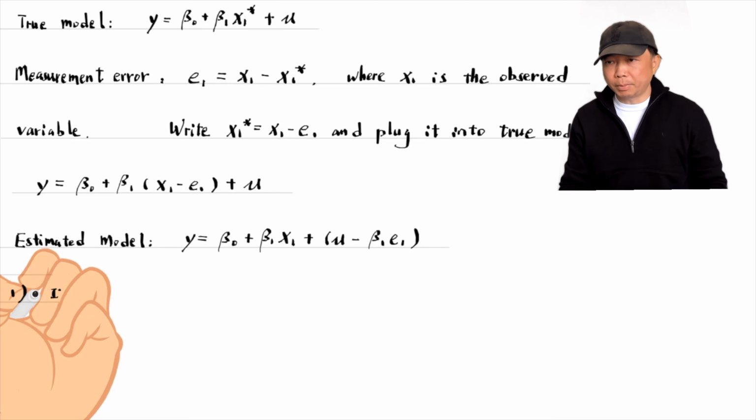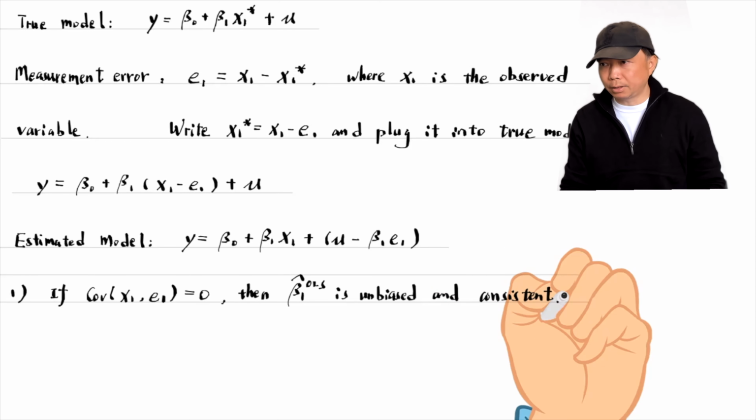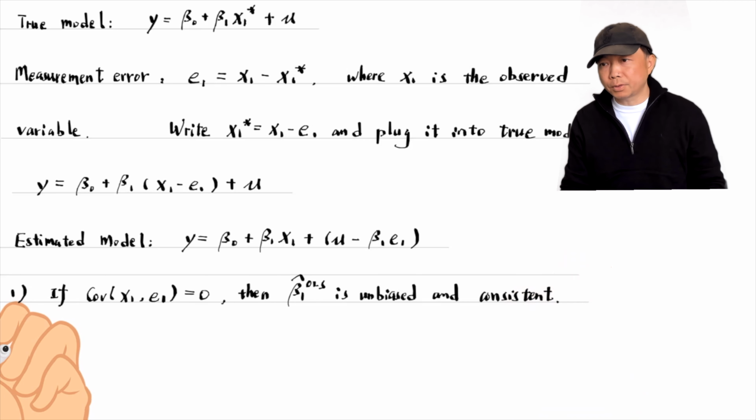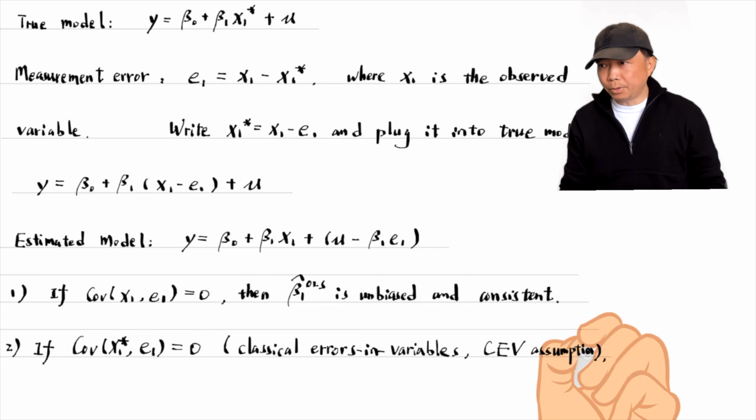If the measurement error in the explanatory variable, E1, is not correlated with the observed explanatory variable, x1, then the OLS estimate beta 1 hat is unbiased and consistent. But this is not the case we are usually concerned about. What we usually discuss in econometric analysis is the case where the measurement error is not correlated with the actual explanatory variable.